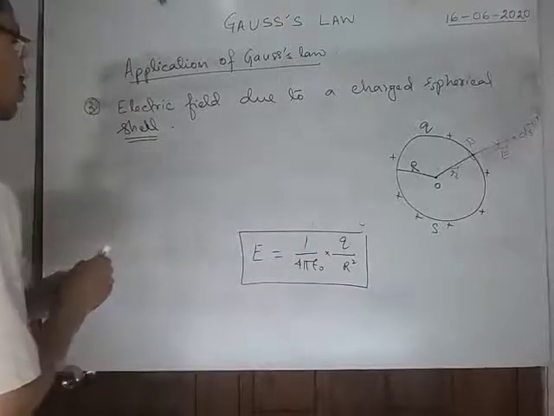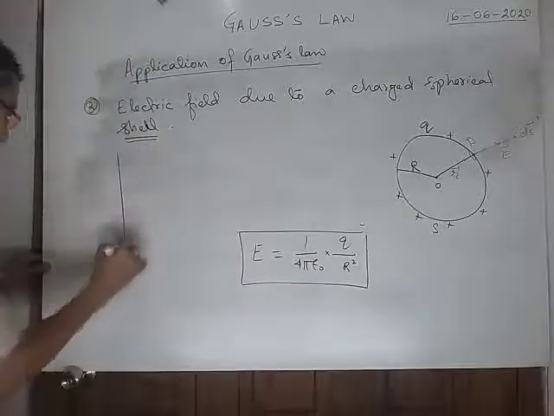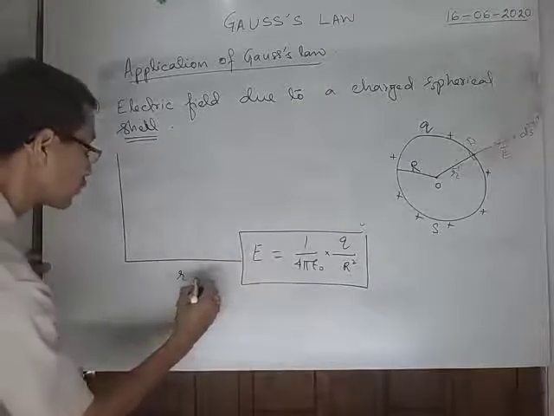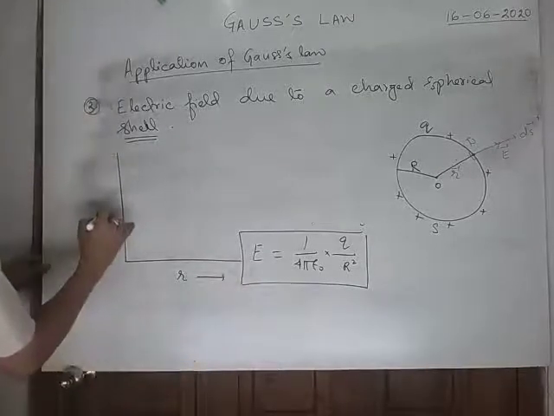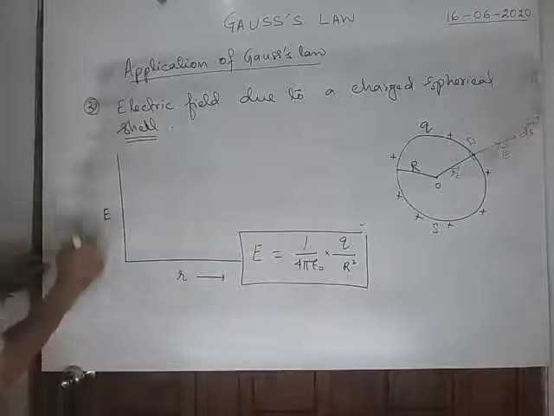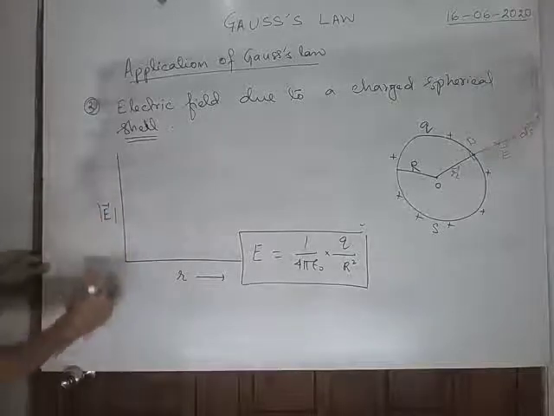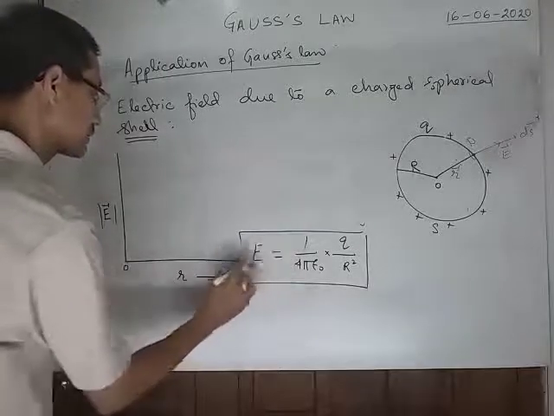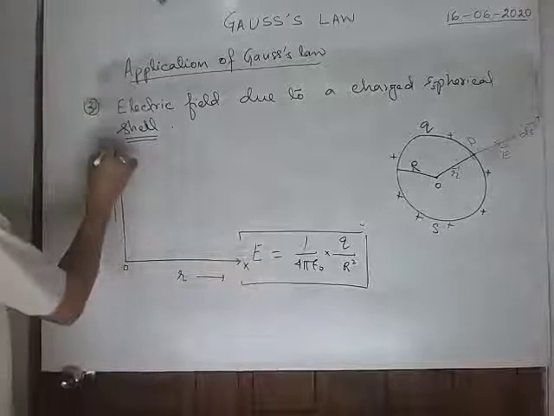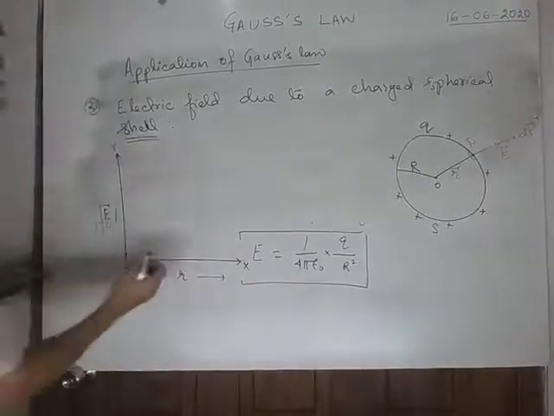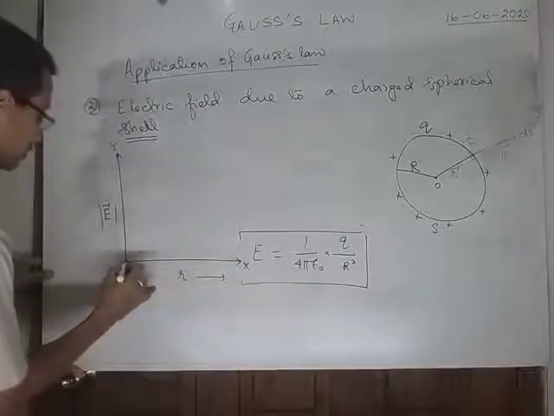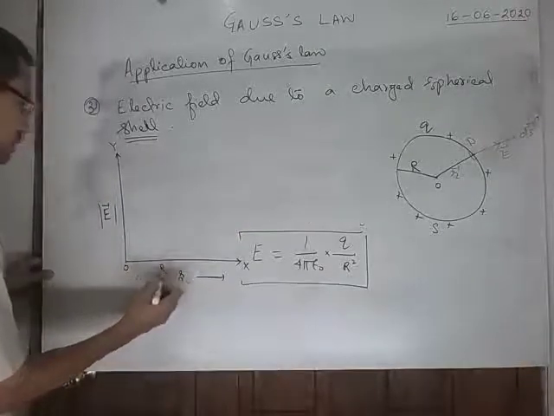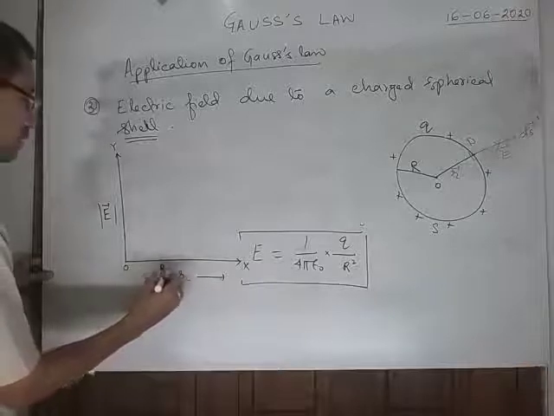So if you are going to draw the electric field E versus the distance of the point of observation, the magnitude of electric field E, I can write it. This is the origin. Let's take it that this is along the x-axis and the y-axis like this. Let's take it that this is the center of the spherical charge body, and somewhere here is your capital R, and when it is very far away it will go like that.